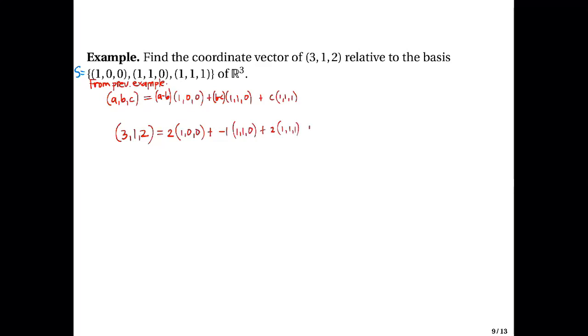So what does this mean? The coordinates of your vector 3, 1, 2 relative to the basis S is equal to 2, negative 1, 2. So this is the coordinates of this vector 3, 1, 2 relative to the basis S.